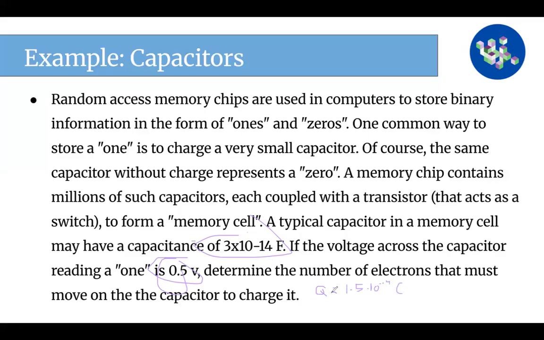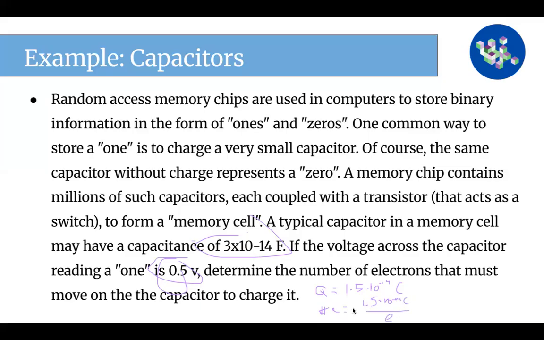And so the number of charges, number e, would be equal to 1.5 times 10 to the negative 14th coulombs divided by the charge of an electron.